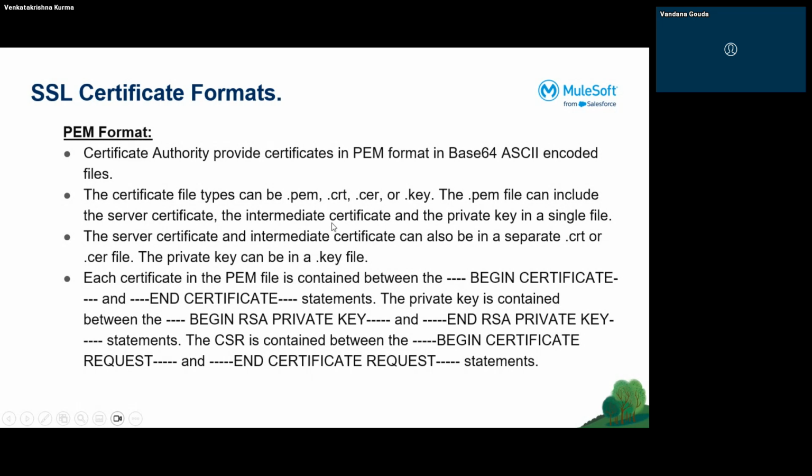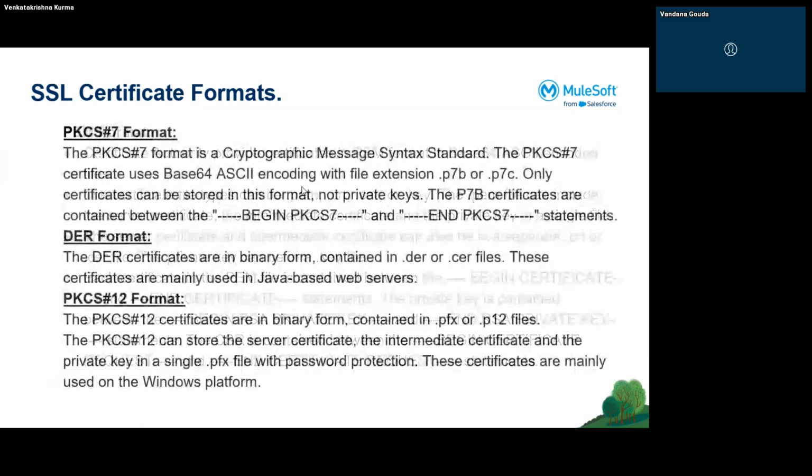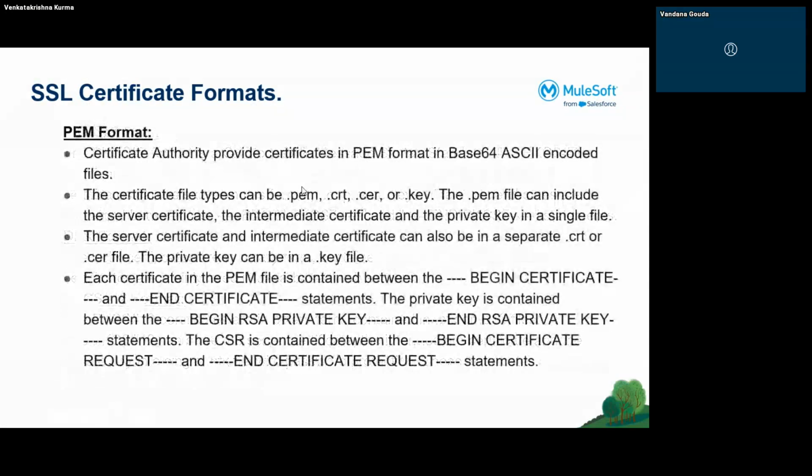This PEM includes the server certificates, intermediate certificates and the private key in a single file. So when you're converting this PEM, it contains the server certificate and intermediate certificate. We need to convert the multiple certificates and combine them.